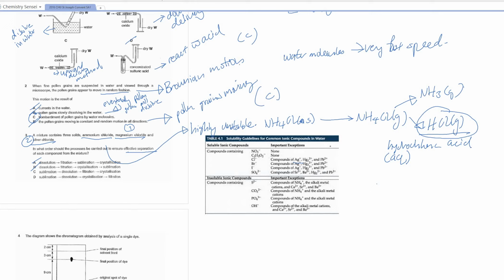So when we dissolve magnesium chloride and silver chloride in water, only magnesium chloride will dissolve in water.